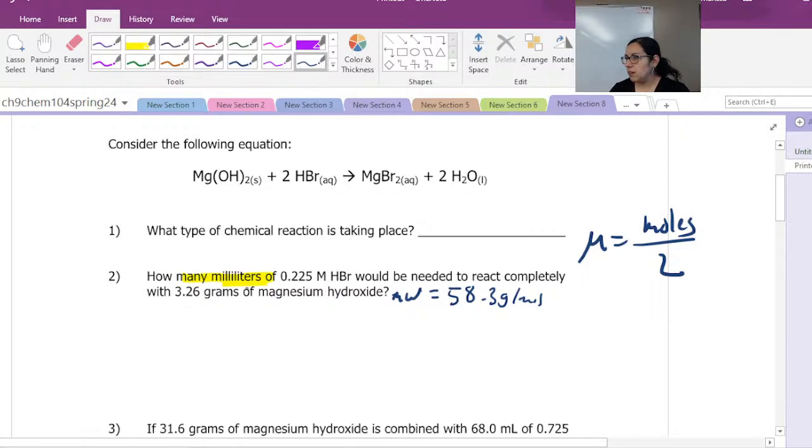What do we need? So we want milliliters, but how do we get to milliliters, right? Because we don't even have moles of HBr yet. So how do we find that? What can we find moles of?